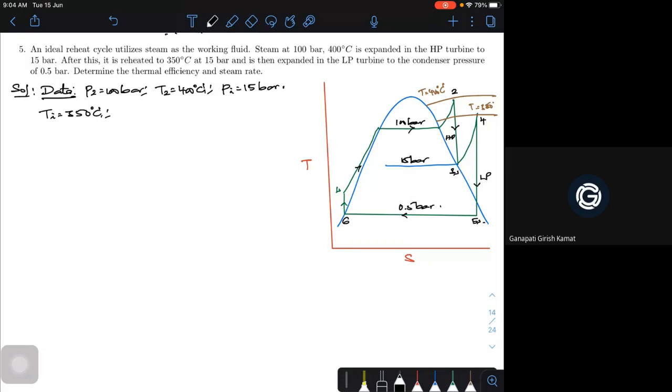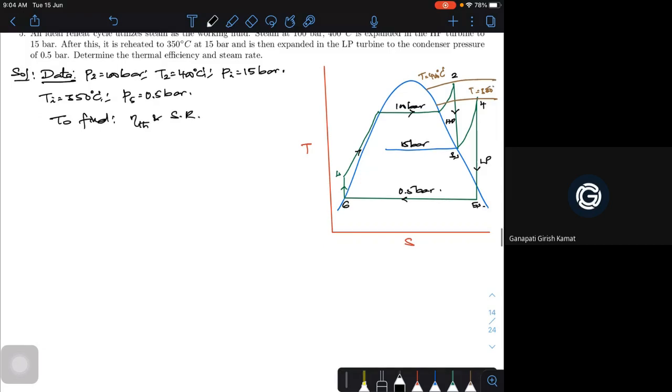Then I have the exit pressure P5, or condenser pressure, which is 0.5 bar. So what we are supposed to find is the thermal efficiency and the steam rate.